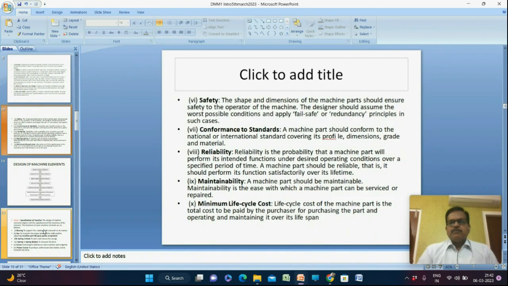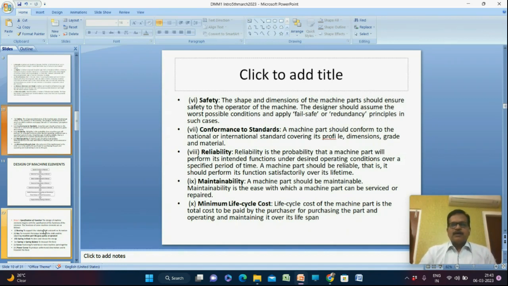The shape and dimensions of machine parts should ensure safety to the operator of the machine. The designer should assume the worst possible conditions and apply fail-safe or redundancy principles in such cases. Next, conformance to the standards. A machine part should conform to the national and international standards covering its profile, dimensions, grade, and materials.